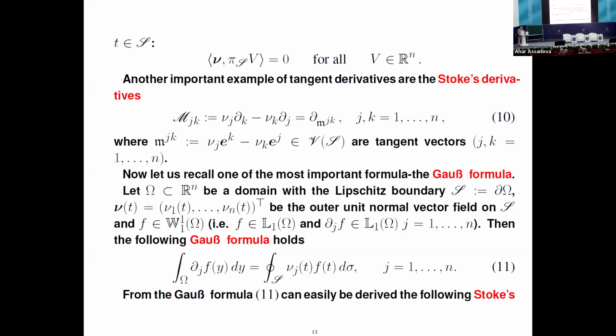What is the deficiency here with these derivatives? As you understand, in Rn we have n basis vectors Eg, n vectors. And when we take the Günther's derivatives on the surface, we get n Günther's derivatives. Of course, they cannot be linearly independent. They are linearly dependent, but they are all important.